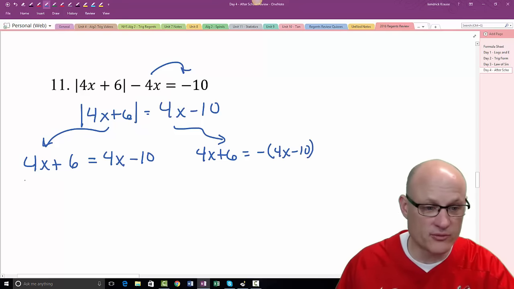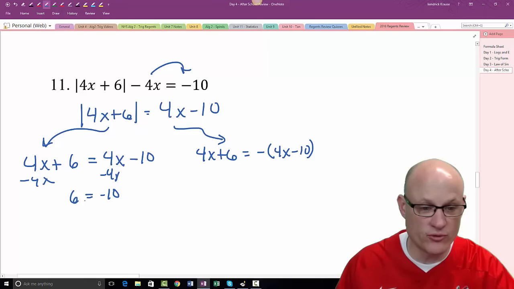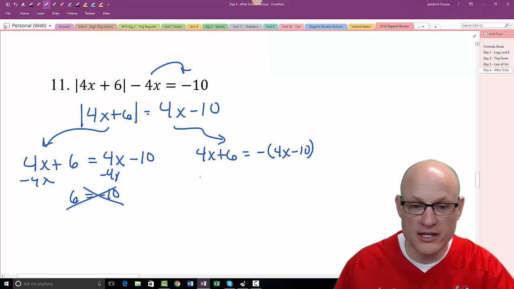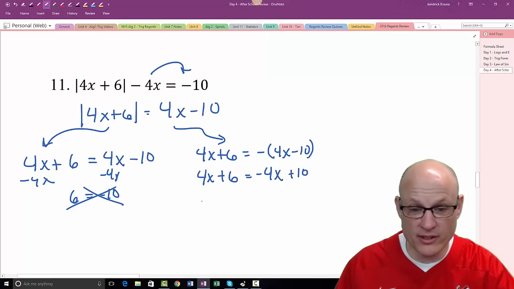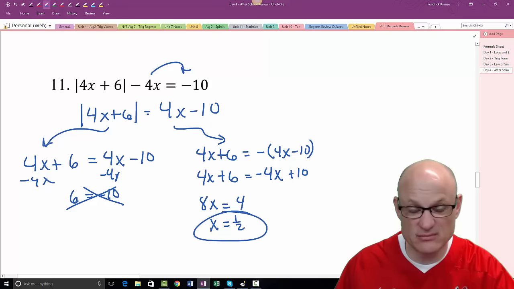So this one, if I subtract 4x and I subtract 4x, I get 6 equals negative 10. There's no solution there. That doesn't work. This one I get 4x plus 6 equals negative 4x plus 10. If I bring this over, I get 8x equals 4, or x equals 1/2.